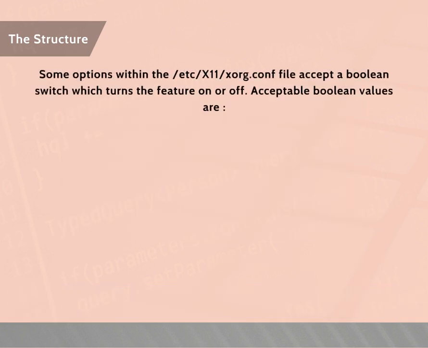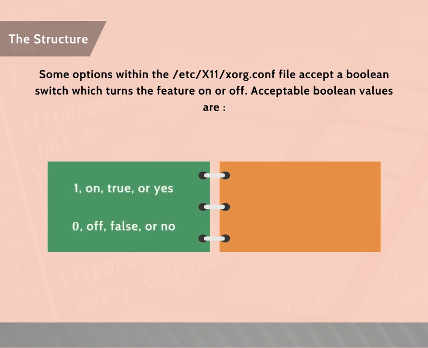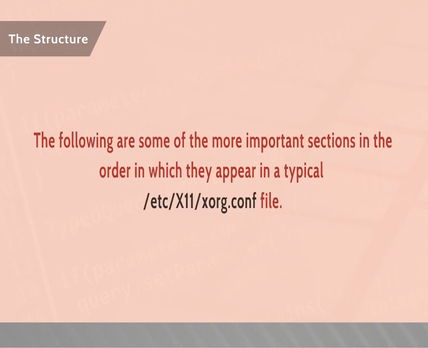Some options within the /etc/X11/xorg.conf file accept a Boolean switch which turns the feature on or off. Acceptable Boolean values are: 1, on, true, or yes turns the option on; 0, off, false, or no turns the option off.